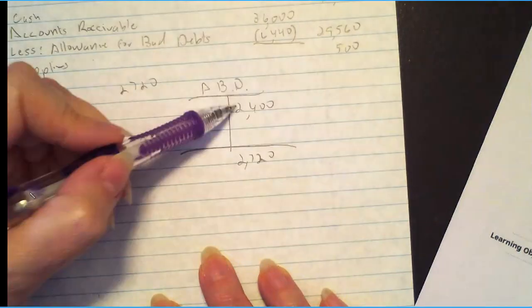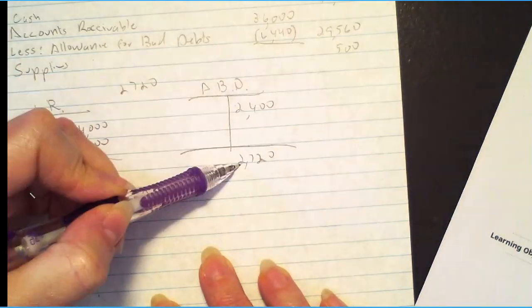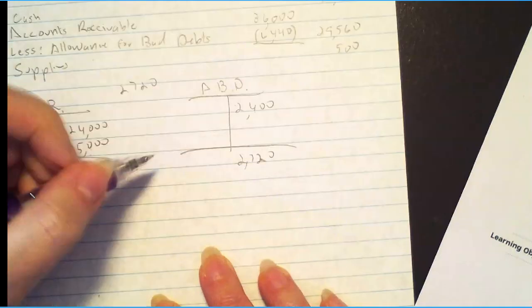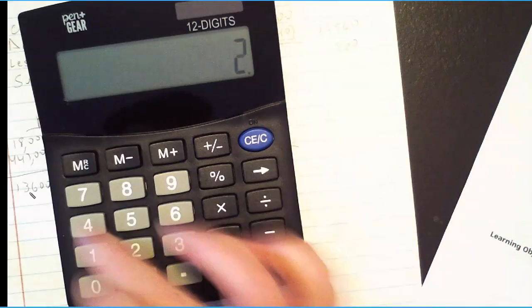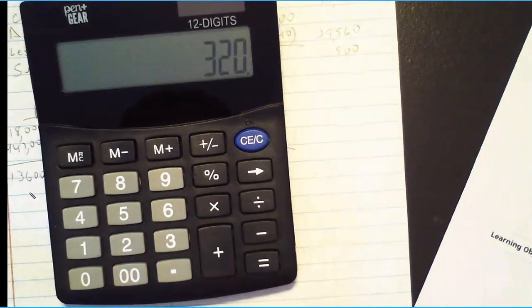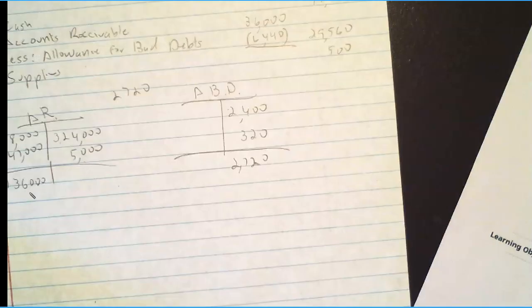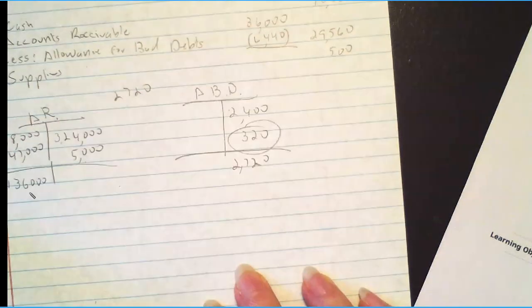How do I get from 240 to 272? I need $32 if I did my math right. Let's just check. Yes, $32. This is my adjusting entry.